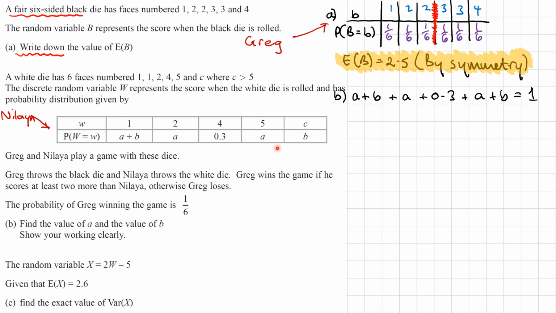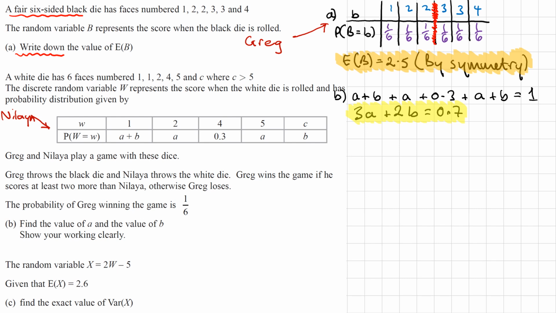We can simplify that: we've got 3 A's and 2 B's, and if I take away 0.3 from both sides, I get 3A plus 2B equals 0.7. So here's my first equation that I can use to find A and B.